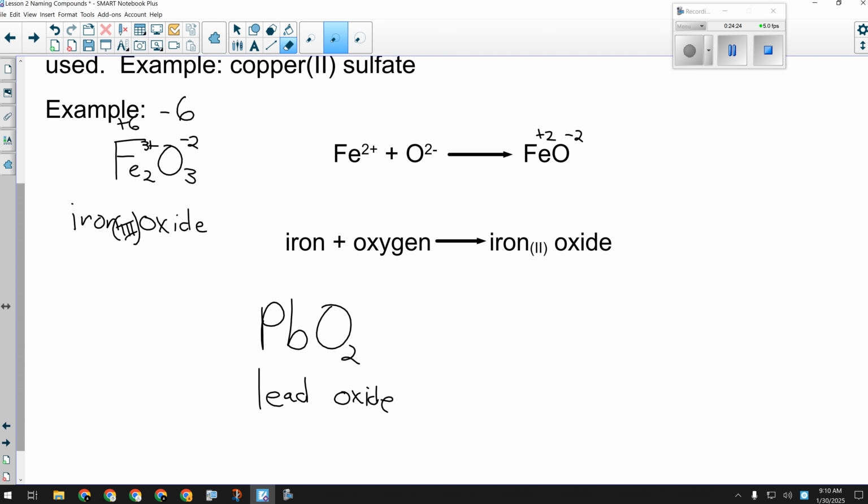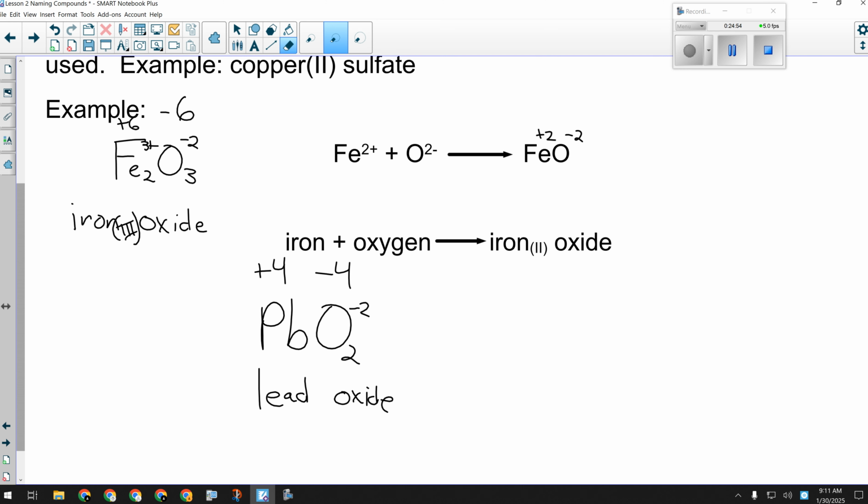So, in this compound, I have 2 oxygen atoms. And each oxygen atom has a charge of? -2. How many negative charges are in this compound? 4. So I've got 4 negative charges. If the compound's going to have an overall charge of 0, which all ionic compounds do, I need to get 4 positive charges out of the lead.